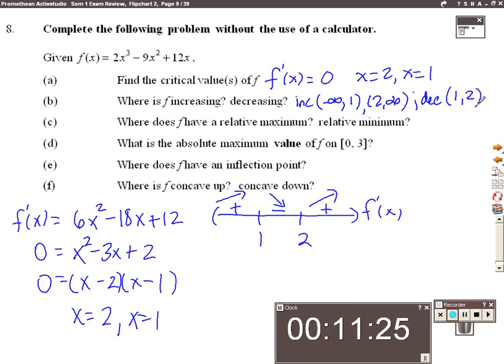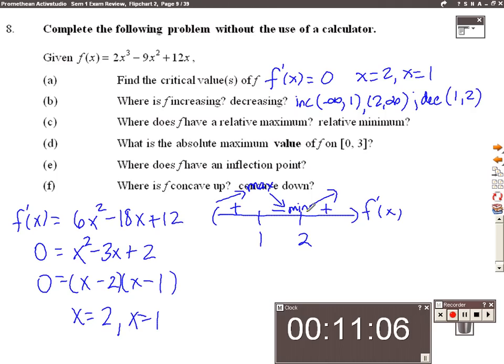Letter C, where does the original function f have a relative maximum? Well, you can see that we're going to have a relative maximum at x equal to 1, and a relative minimum at x equal to 2. Please remember how to write those. I'm going to write up one of those for you.